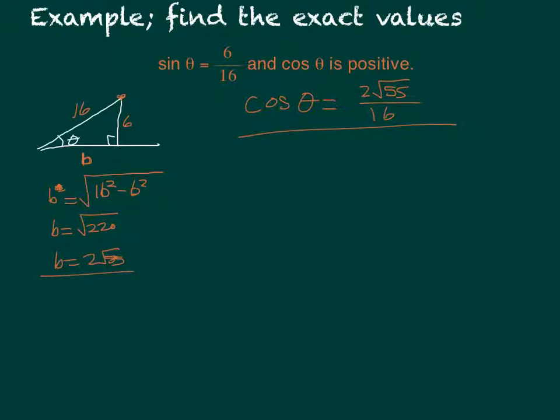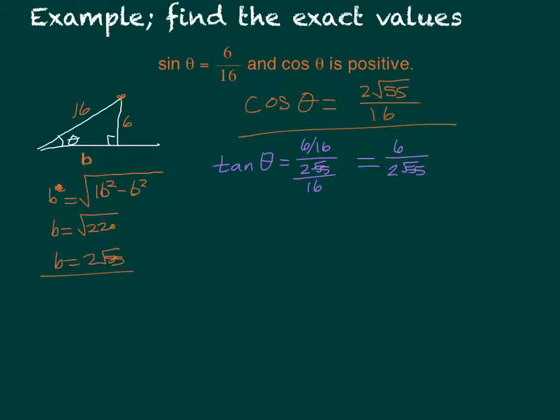Okay, now we want to find tangent. So tangent is going to equal sine over cosine. So that's going to be 6 over 16 divided by 2 square root of 55 over 16. Okay, so then if I invert and multiply, I'm going to get 6 over 2 square root of 55.